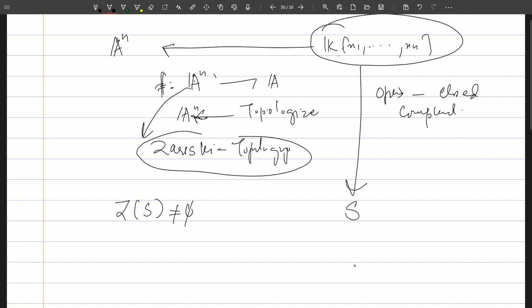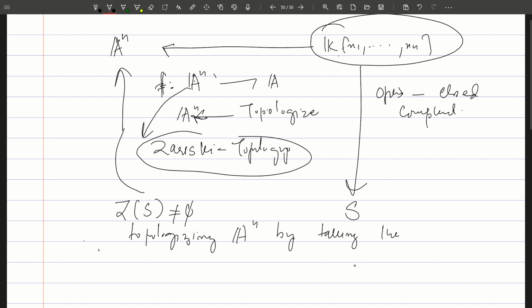Now we consider these subsets of An to be the closed sets under the Zariski topology, by topologizing An by taking the closed sets as the sets of common zero loci of a bunch of polynomials.